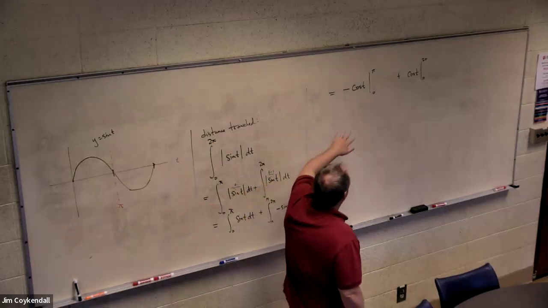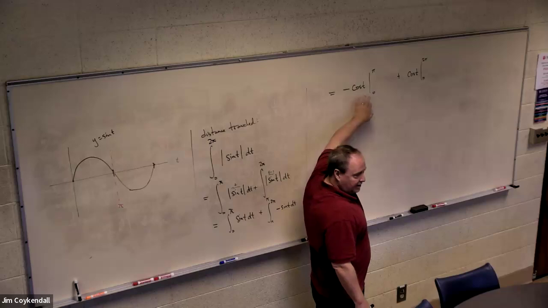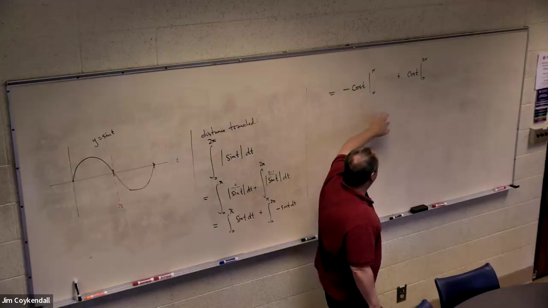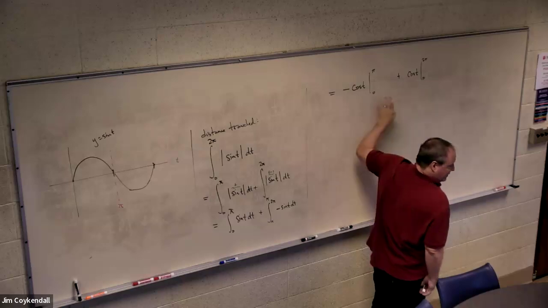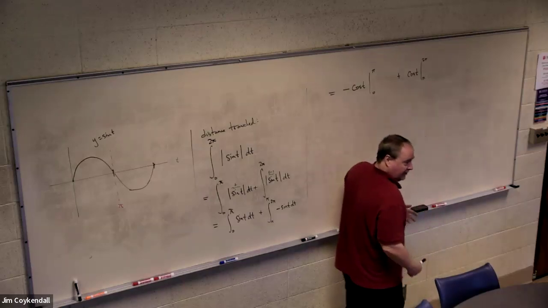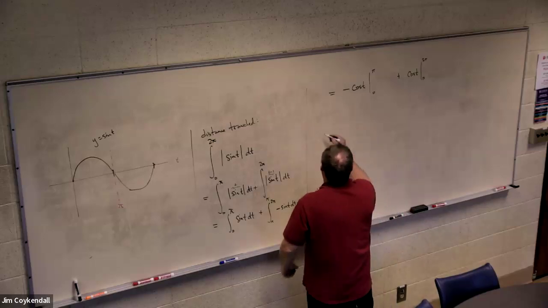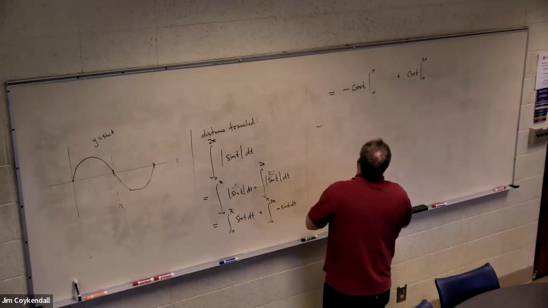Now, this should give me the distance traveled for the first part of the trip. This should give me the distance traveled for the second. Both of these separate numbers should be positive. That's a big change.